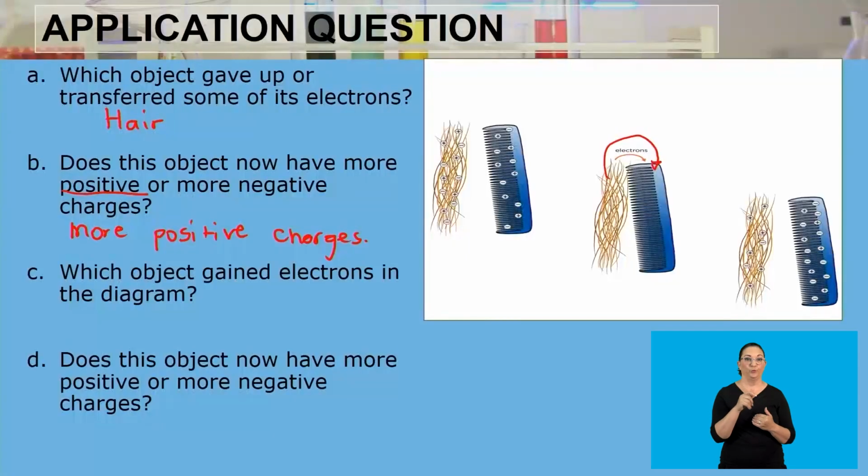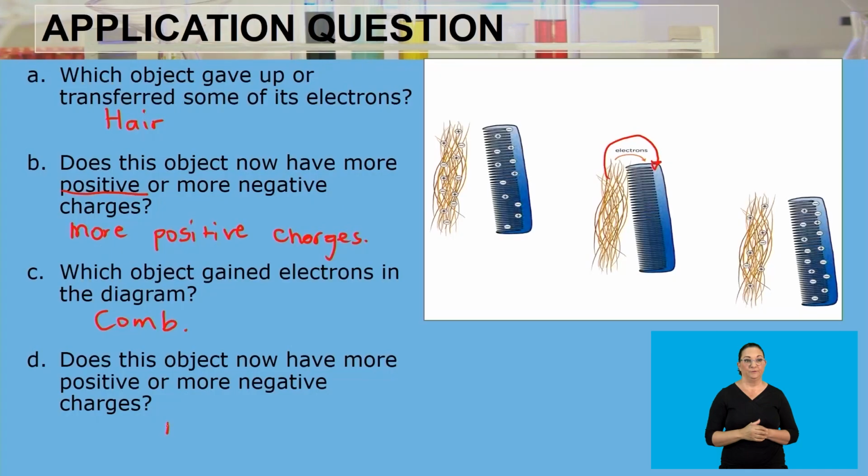Question C says, which object gained electrons in the diagram? If the hair transferred its electrons to the comb, then obviously the comb gained the electrons. So does this comb now have more positive or more negative charges?